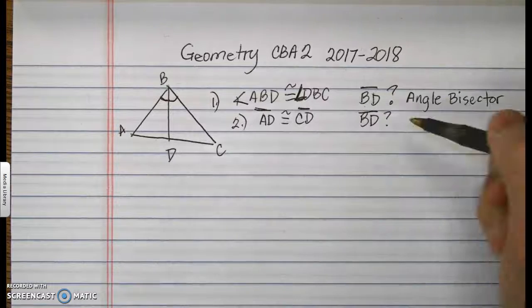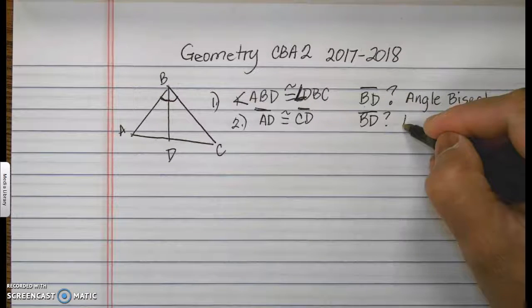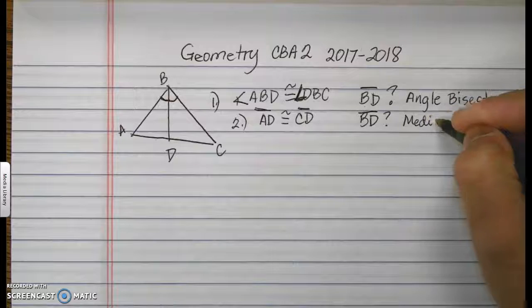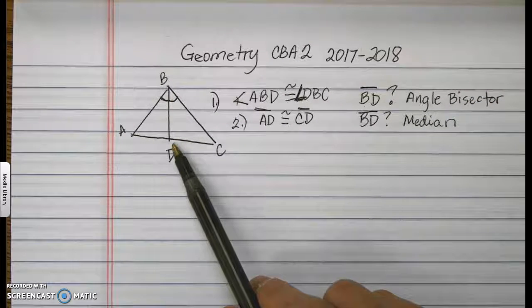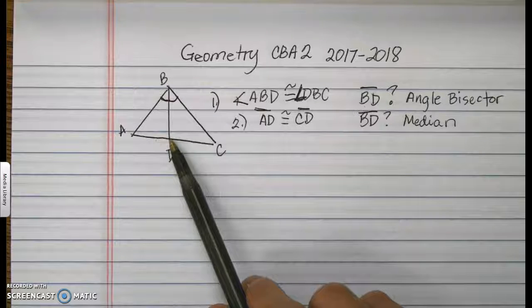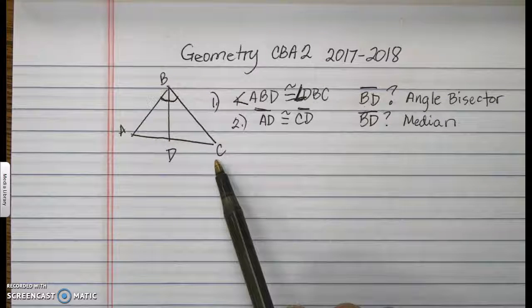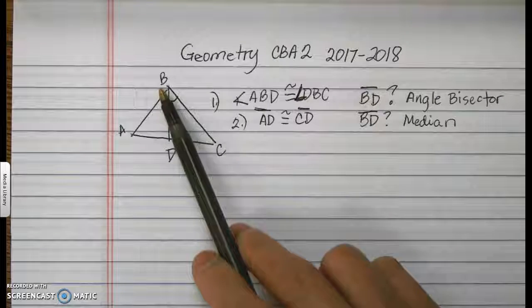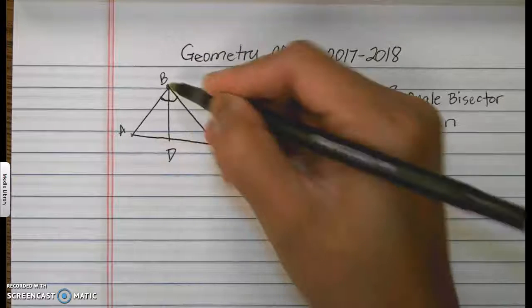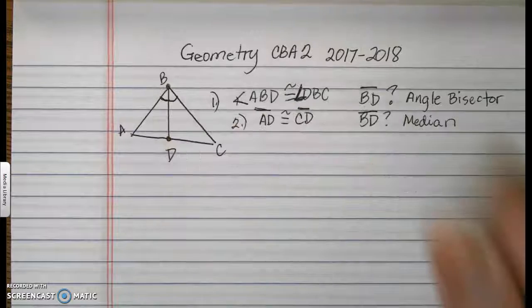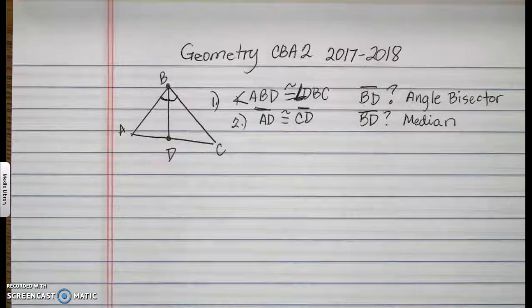Okay, so based off of the definition of a median, BD becomes a median because AD and CD are congruent, which means that BD is a segment that is connected from the vertex of your triangle to the midpoint of the other side.